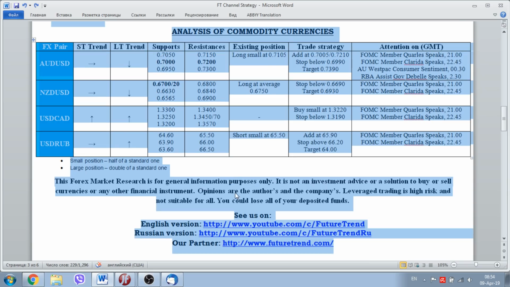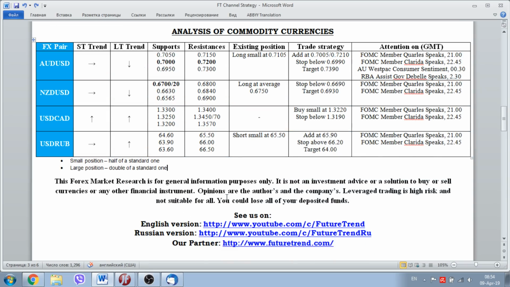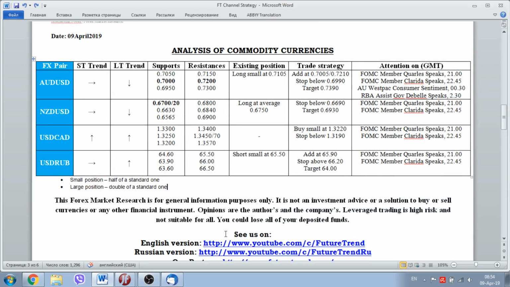Here you can find that we still have long positions in the Kiwi and in the Aussie dollar, and at the moment these currencies are not looking so bad, because oil prices are on the upside. That's why the Russian ruble, the Canadian loonie, as well as, by the way, the Aussie dollar are looking especially strong at the moment.